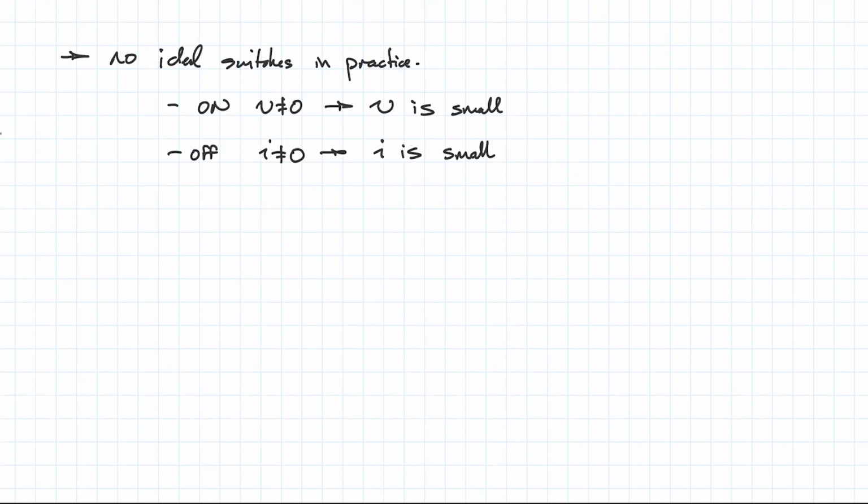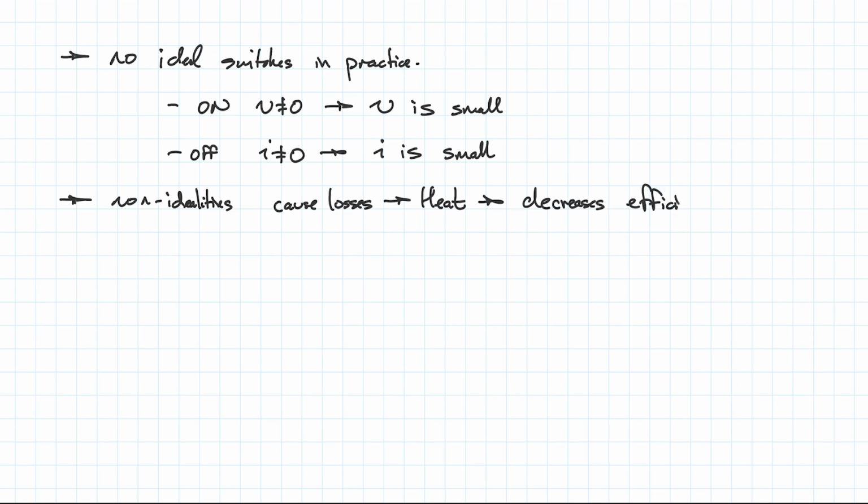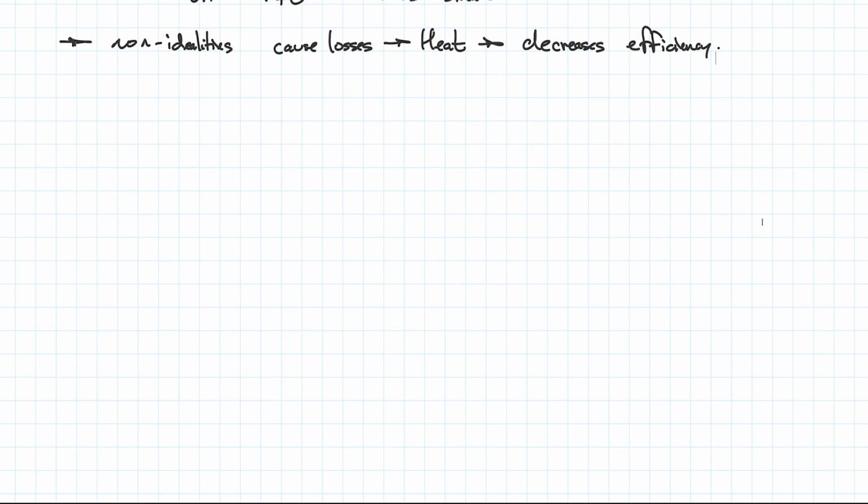These non-idealities cause losses, and those losses are basically heat, and heat decreases efficiency, obviously, because you're losing power. If you burn a lot of power in your switches, you're not converting a lot of power, and you're not staying true to the actual output that you desire.